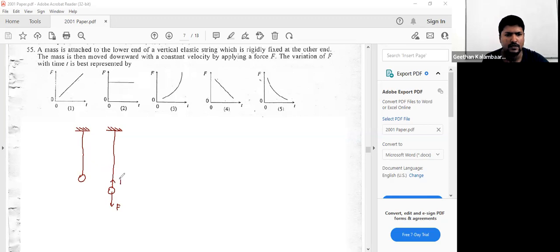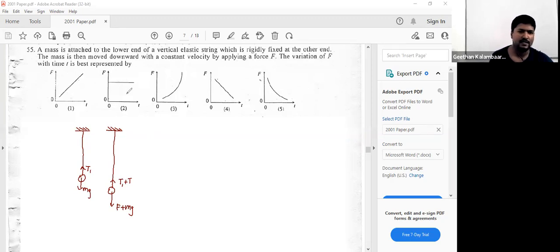Right? So the additional tension, what I mark here, is not just the previous tension that you had, because previously also there is a tension that you can call T1. That T1 is equal to mg. Now, currently you have mg as well as an additional tension other than T1, which is T, which is because of the F force.